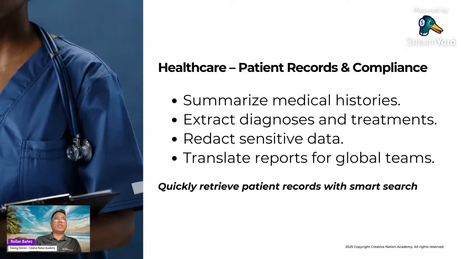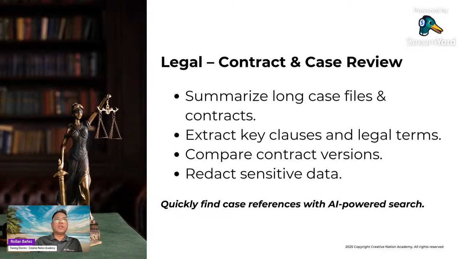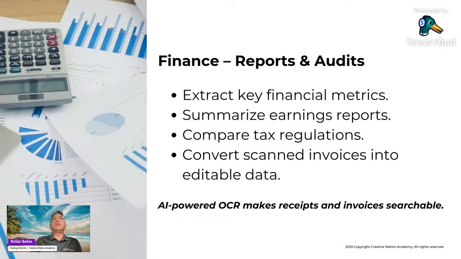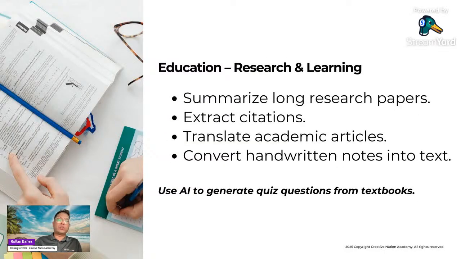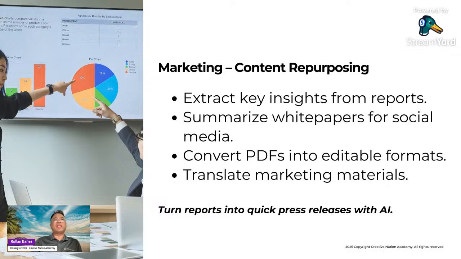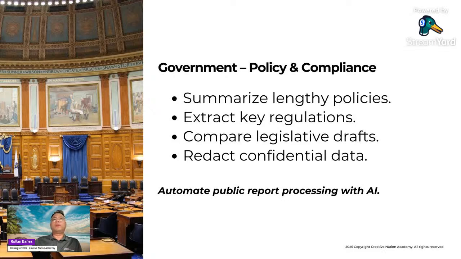And again, you can easily use it for the following cases. You can use it for legal, finance, marketing, healthcare, education, even project management, because if you want to compare a lot of data from one project to another, you can easily do so. Government, policy, and compliance, you can easily do that inside the Acrobat AI Assistant.